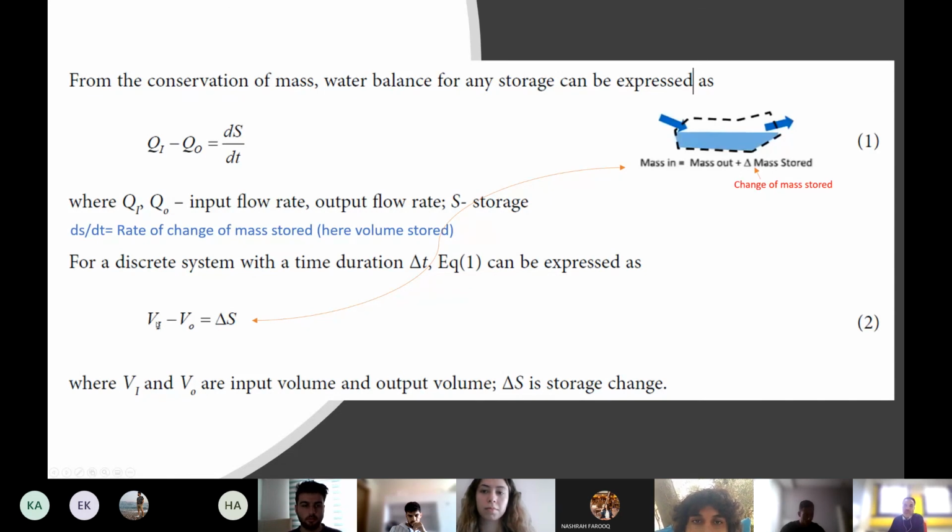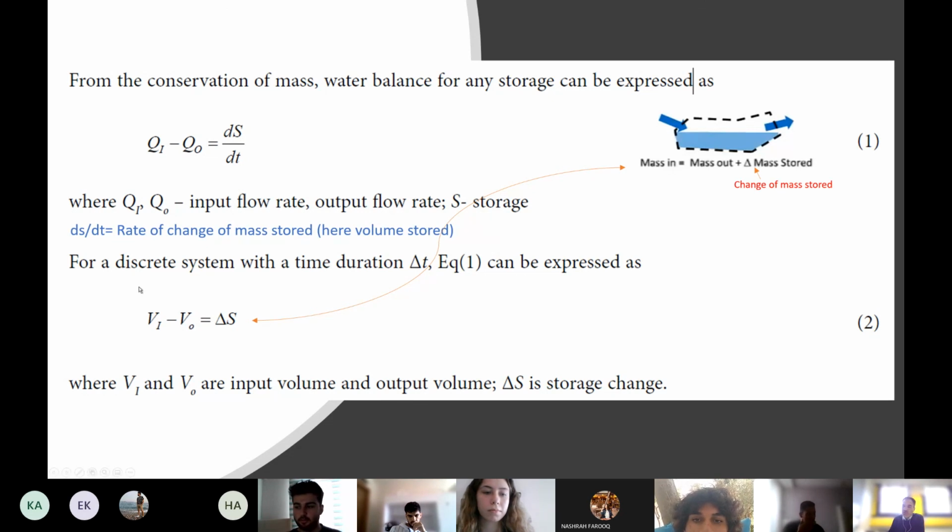The rate of volume in hydrology and fluid mechanics is called discharge. The change of a volume by time, the rate of volume, is called discharge.